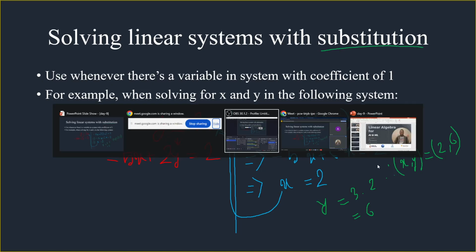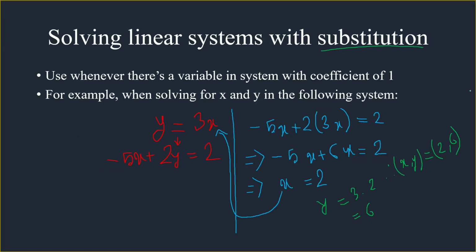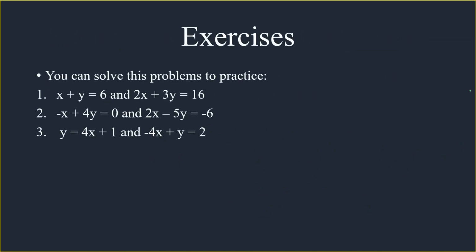If you have any questions, you can ask me anytime by raising your hand, or by unmuting yourself. So this was how we can solve linear systems with substitution. You can do some exercises here. I have given 3 exercises. The first is x plus y equals 6 and 2x plus 3y equals 16. The second is minus x plus 4y equals 0 and 2x minus 5y equals minus 6.